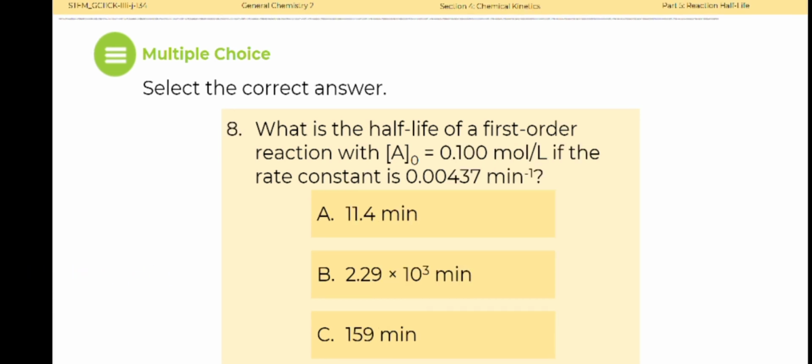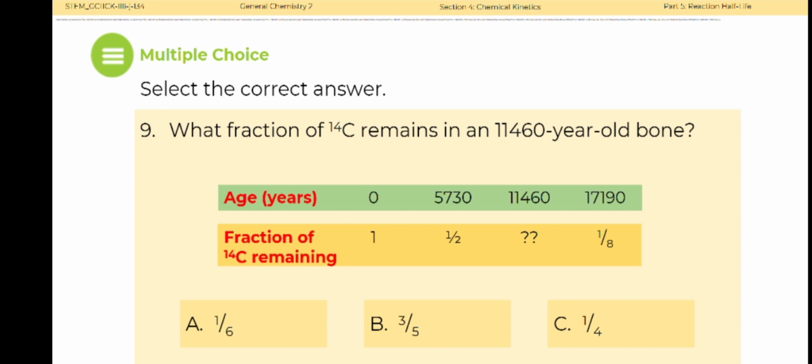8. What is the half-life of a first-order reaction with initial A concentration equal to 0.100 moles per liter if the rate constant is 0.00437 inverse minute? 9.